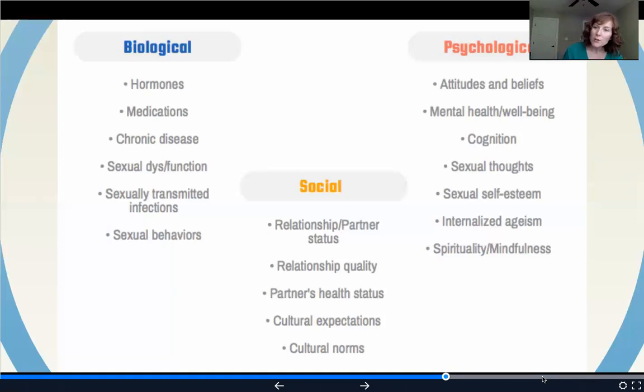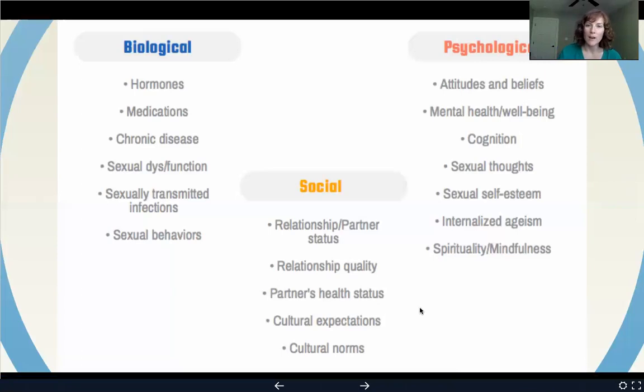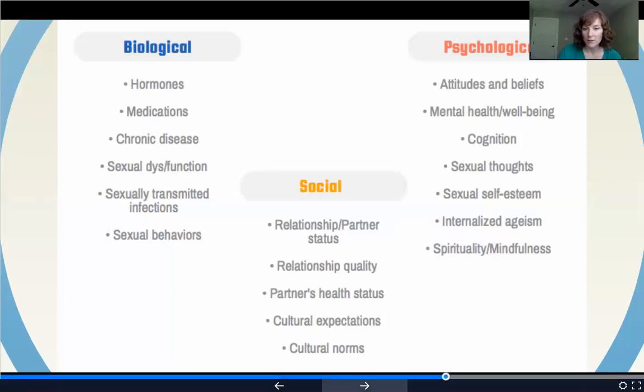So those are just a few of the things that we're going to talk about when we talk about the biopsychological and social sides of sexuality in a preview. But these are the big circles, right? Those big circles of areas that we talk about when we talk about sex.